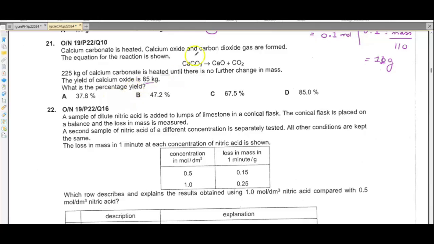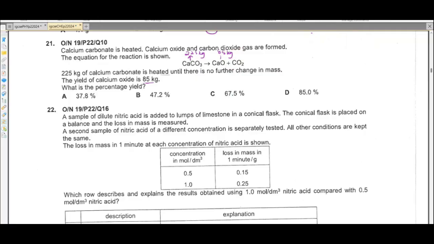Okay. Now they've given us the mass of calcium carbonate. This was heated to produce calcium oxide and carbon dioxide. And the yield which was actually produced was 85 kg. Okay. Now if we have percentage yield with us, what we need to do is find the theoretical yield as well.